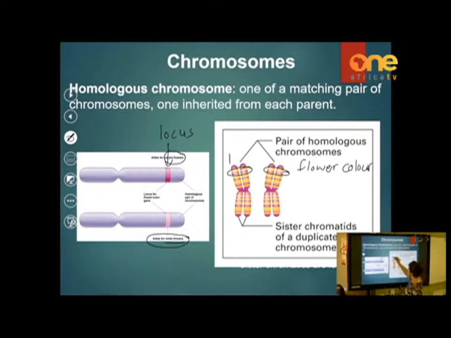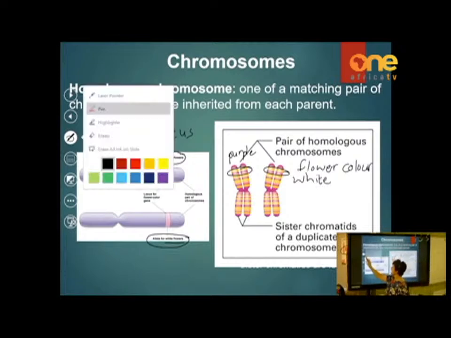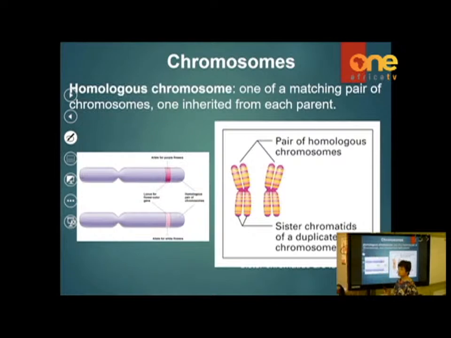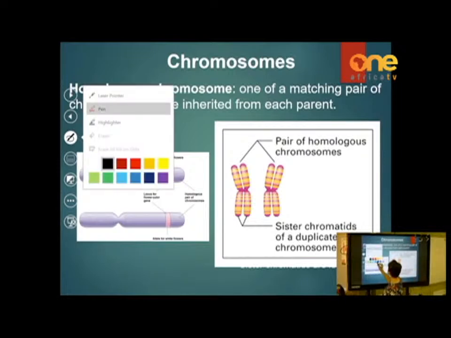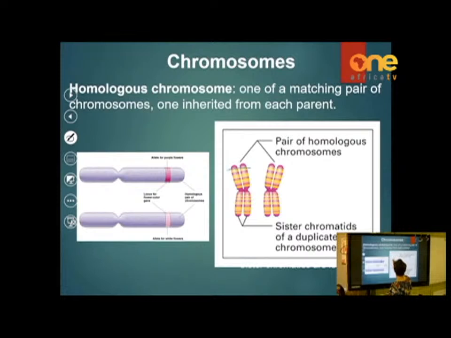It can be purple and it can be white flowers. If we are looking at a human homologous pair and we say that this is the alleles for eye color, this will in the homologous pair be the one for eye color.